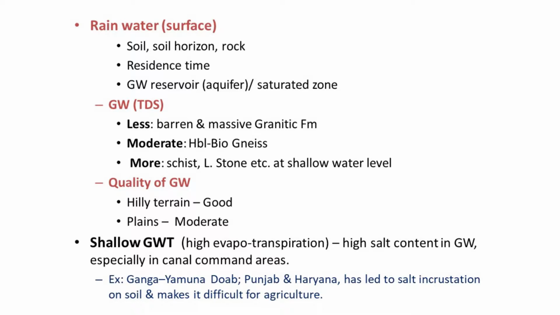Where we have a shallow groundwater table, there we get high evaporation and transpiration. In such areas, the groundwater will have high salt content, especially in canal command areas. For example, in the Ganga Yamuna Doab, in Punjab and Haryana, it has led to salt incrustation on soil and makes such groundwater difficult for agriculture.